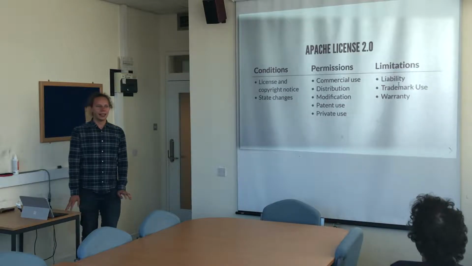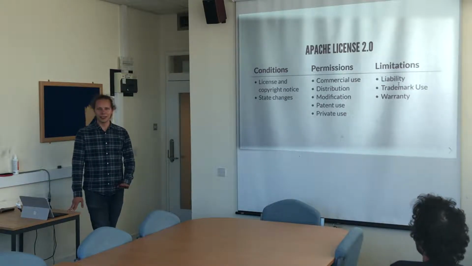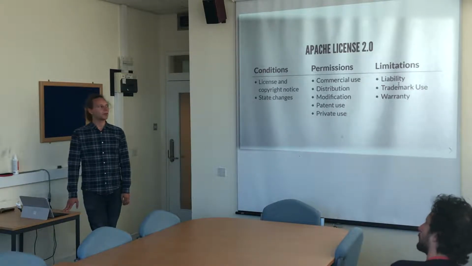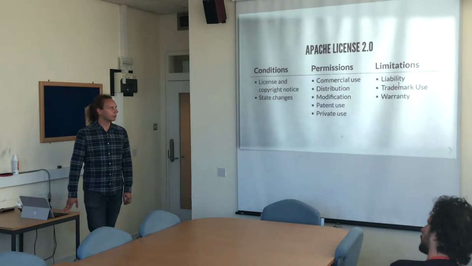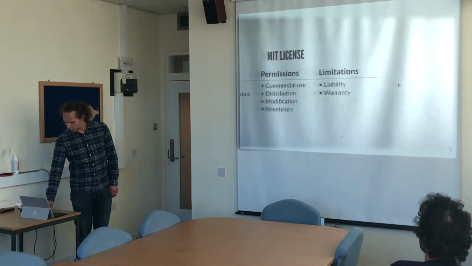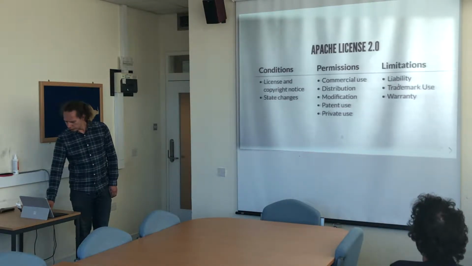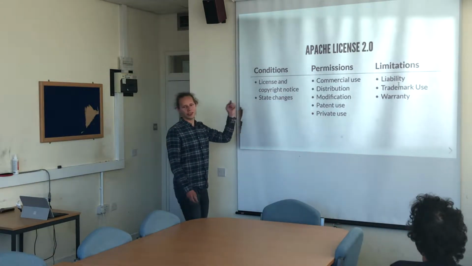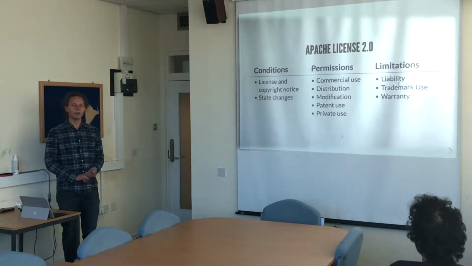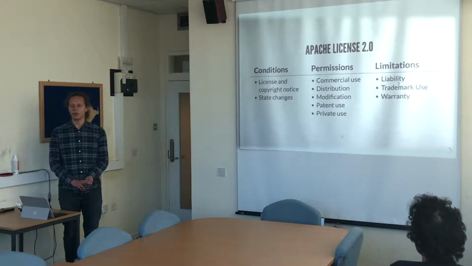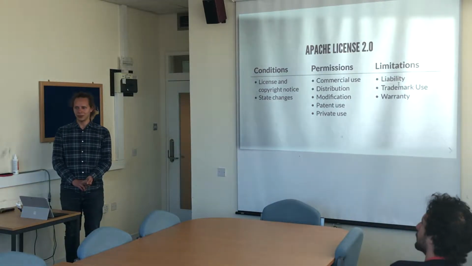Okay. Then there's the Apache license, which answers the patent thing. So the Apache license is, again, pretty similar. Actually, is that right? I've written state changes here. So you have to mention what has been changed in your version of the code compared to the version you got.